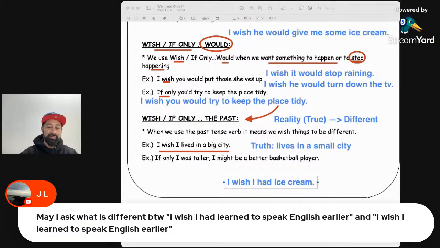JL question here. May I ask, what is the difference, by the way, between I wish I had learned to speak English earlier and I wish I learned to speak English earlier? In spoken English, both will be the same. They'll be fine. But if we're looking at grammar, your first one is the correct answer. I wish I had learned. So basically, this is showing a type of regret.